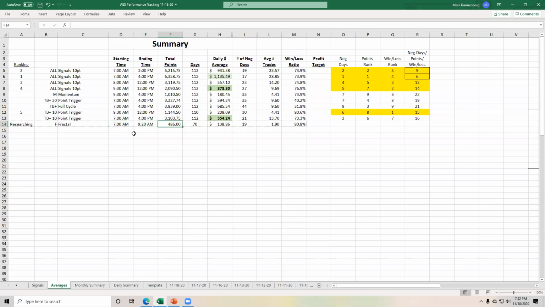Somebody doesn't like market open. Fractals only, about $138.86, 7 to 9:20 fractals only. And then he's looking for 9:20 to 9:40 too. 9:20 to what? 9:40.